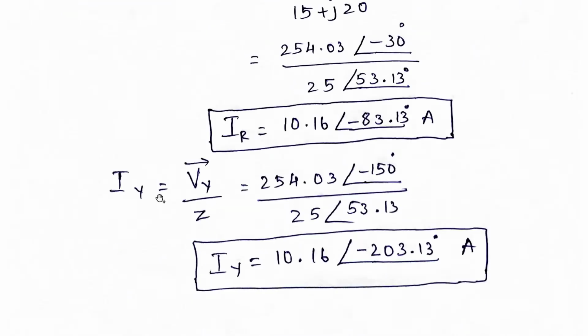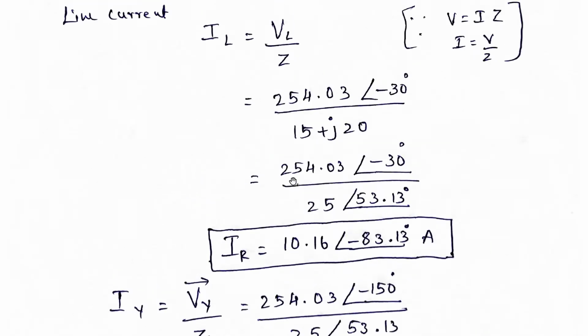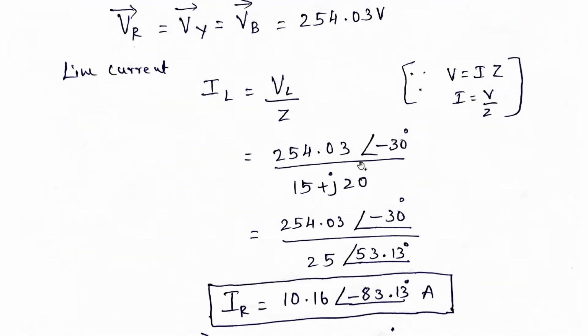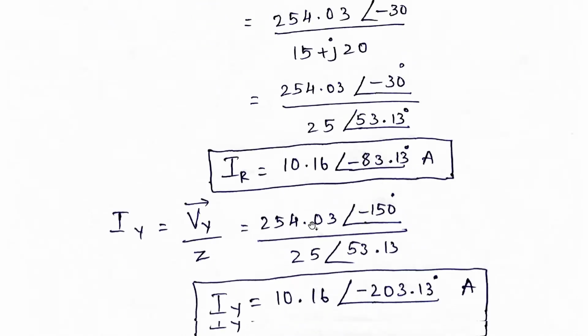Next is IY. Phase current or line current is the same. So the phase current IY is equal to the line current of the yellow phase, which is equal to VY divided by Z. VY we already calculated: 254.034 at the angle of minus 150 degree. So we substitute VY, 254.03 at the angle of minus 150, divided by Z. Z we already converted, 15 plus j20 into polar form, that is 25 at the angle of 53.13.